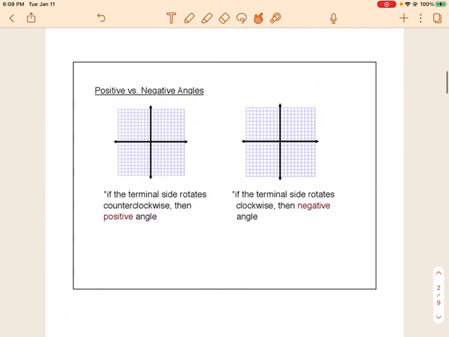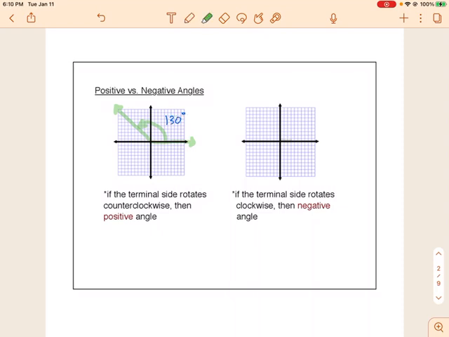So we have positive and negative angles. If we start the terminal side on the positive x-axis and we rotate in a counterclockwise direction with the terminal side, then we have a positive angle.